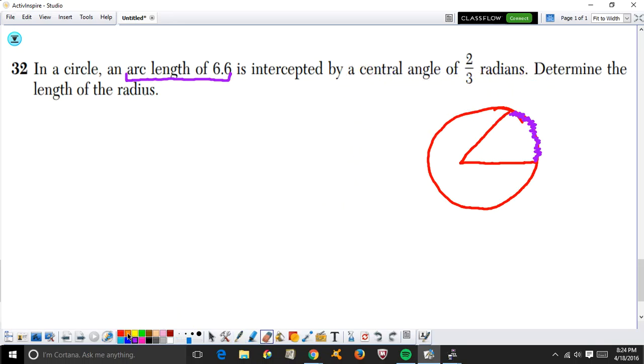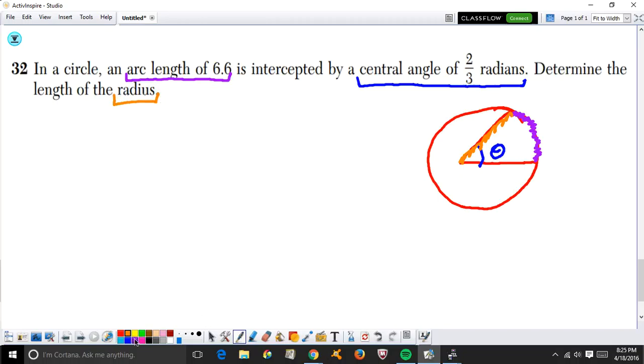Let's change that into blue. And the central angle is the angle inside. So now they're asking us, we have a circle, we have the arc length, we got the central angle. So what is the length of the radius? What is our radius?